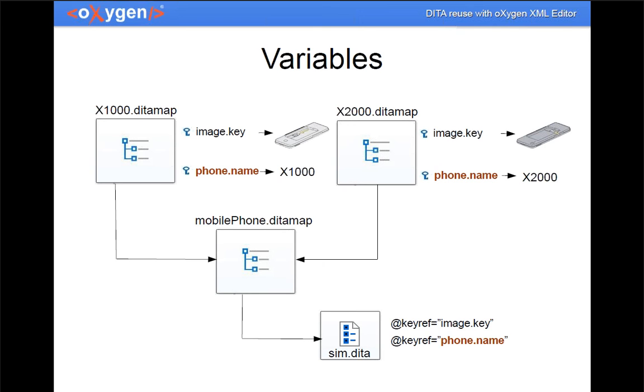What I'm going to do is define the phone name key and bind it to different text in my two root maps. Again, in a common topic, whenever I want to write the name of my phone, I will just refer to this particular key name.